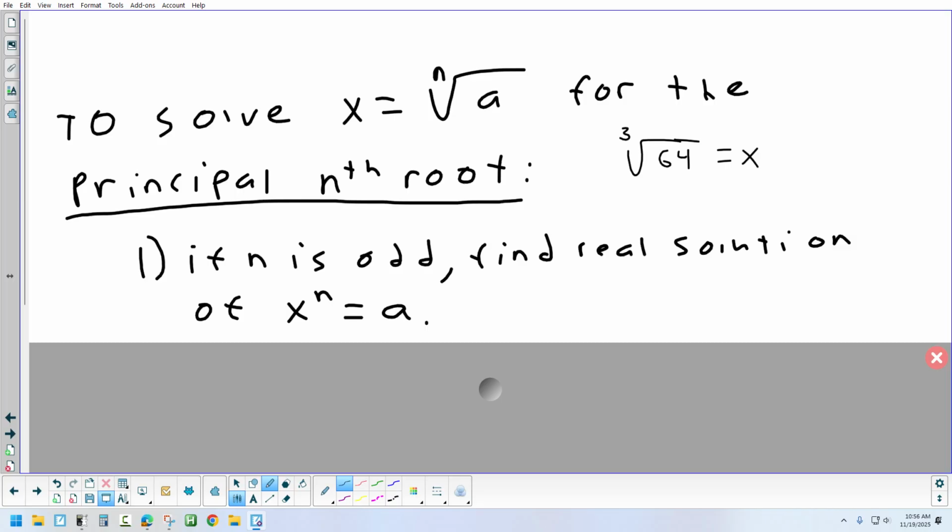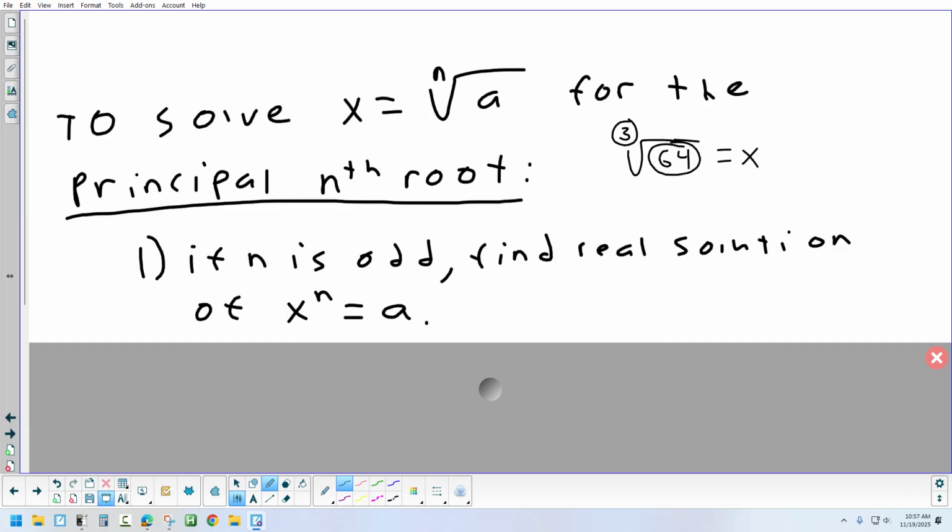Well, I would say you're looking for a number that you can multiply by itself 3 times, because of that 3 right there. And when you multiply by itself 3 times, it has to come out to 64, like 2 times 2 times 2. No, that doesn't work.